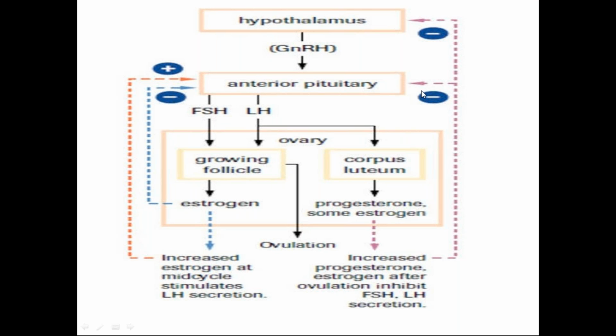So this is a negative feedback. But during ovulation in the mid-cycle, increased estrogen has a positive feedback. You can see this red one, this positive feedback, which increases LH, where the LH surge happens, which follows the ovulation. I will explain it in the later slides.